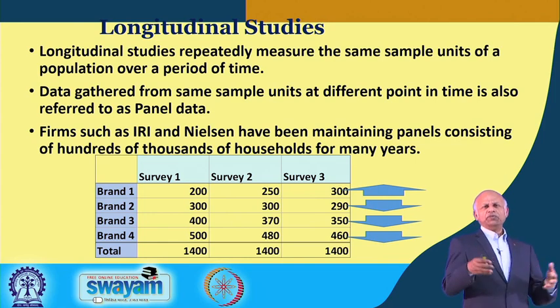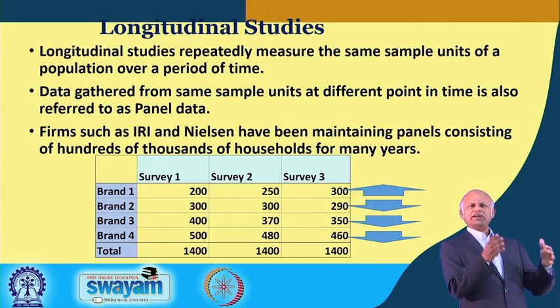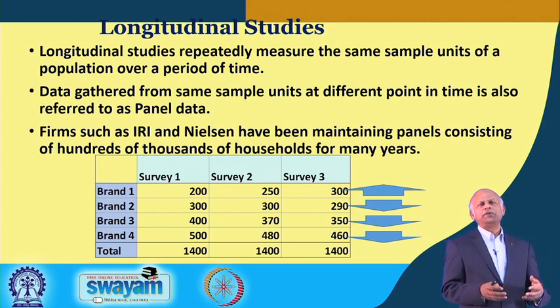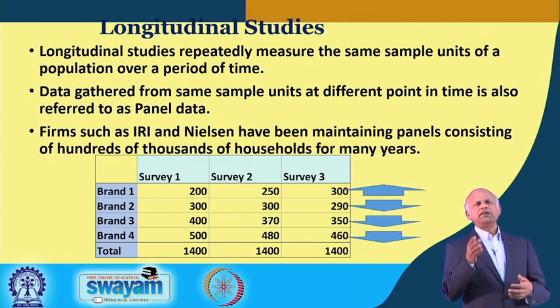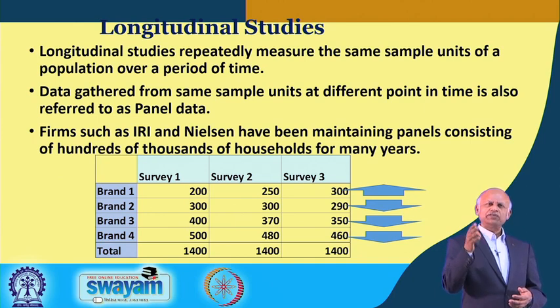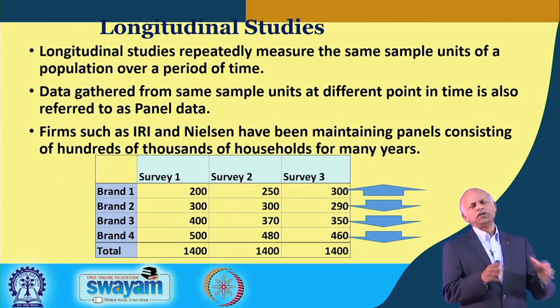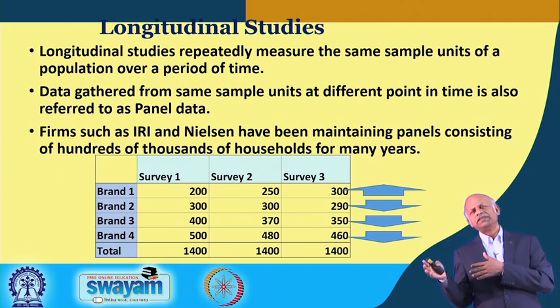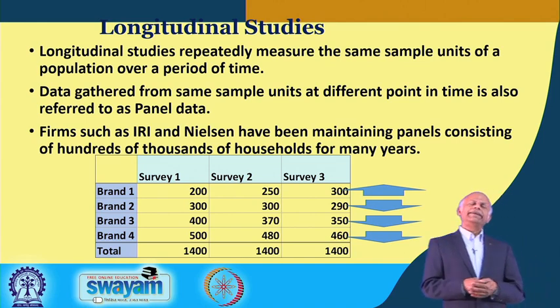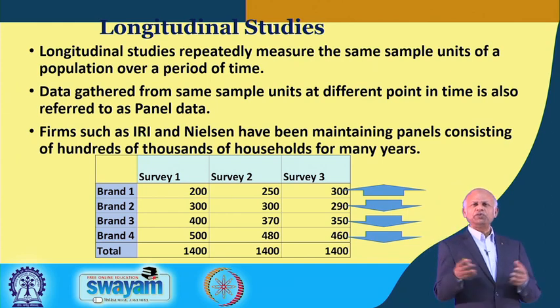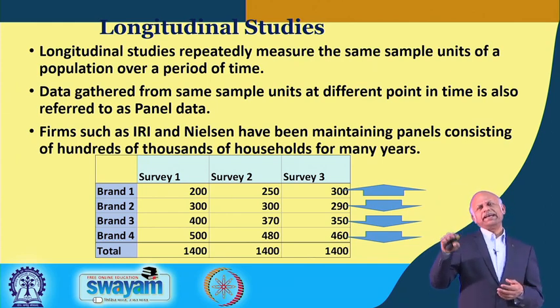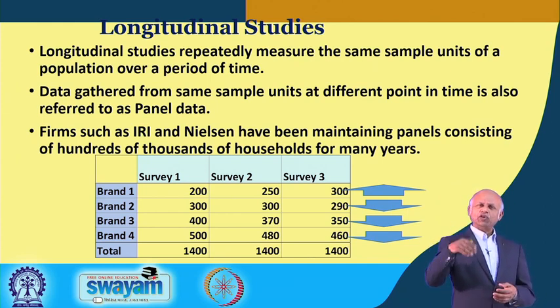Longitudinal, this is an example, the one that I was explaining, say brand 1, brand 2, brand 3, brand 4. Survey 1 was done at a certain point in time, and they found brand 1 sold 200, 300, 400, 500, total is 1400. After you gather data at 3 different points in time, you notice that brand 1 is actually winning at the cost of other brands.